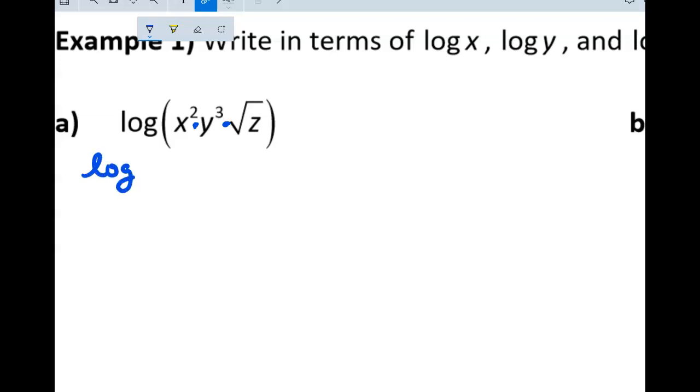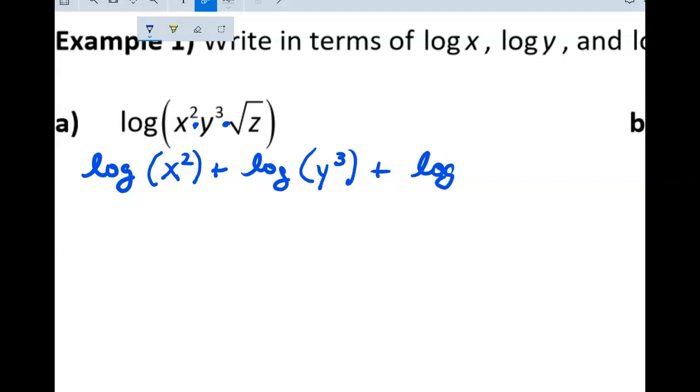That is to say, using the product property, this is log of x squared plus log of y cubed plus log of the square root of z. And of course, we want to write the square root of z as z raised to a power, and the square root is equivalent to the power of 1/2.